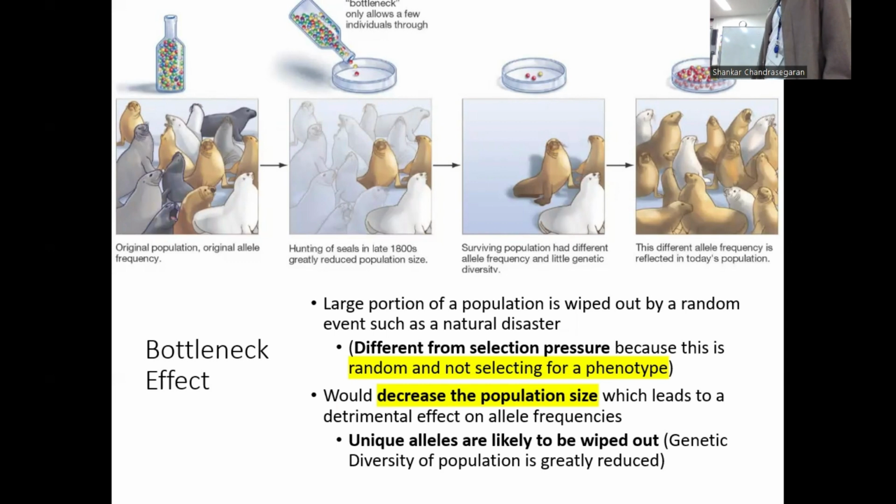So is that genetic drift, bottleneck effect, or selection? That would be genetic drift, because when seals were hunted, they didn't care what color the seals were. They were just randomly hunting the seals for the meat.